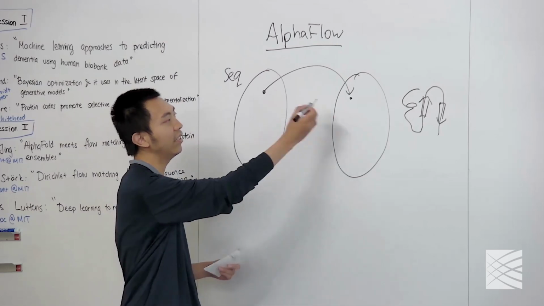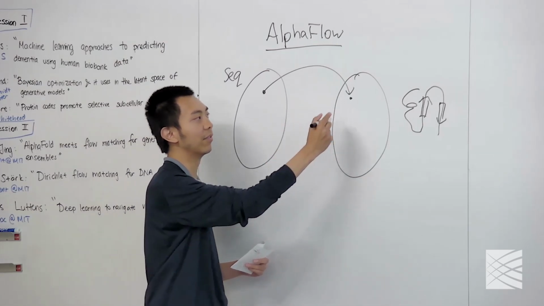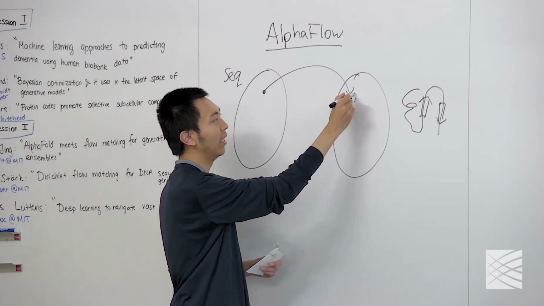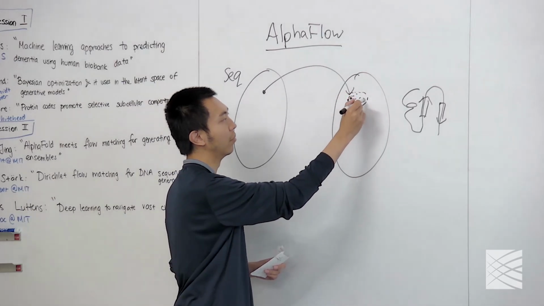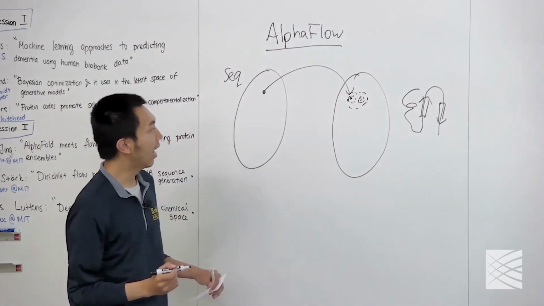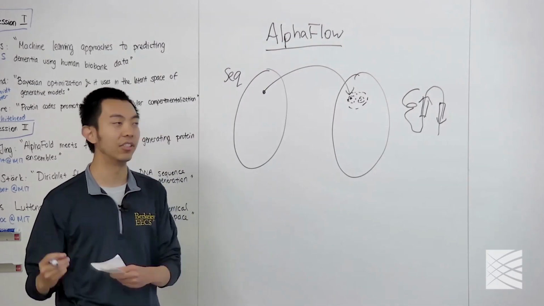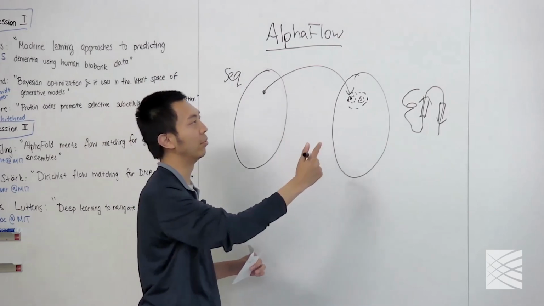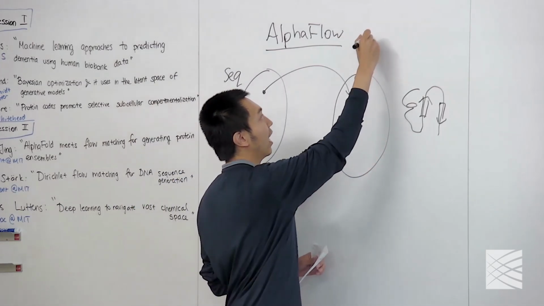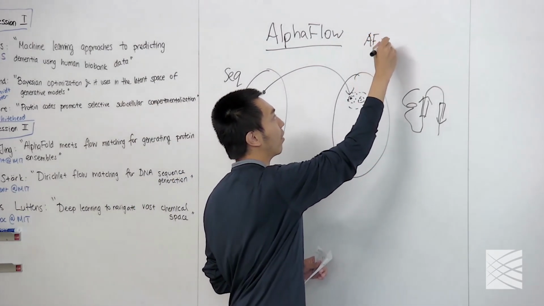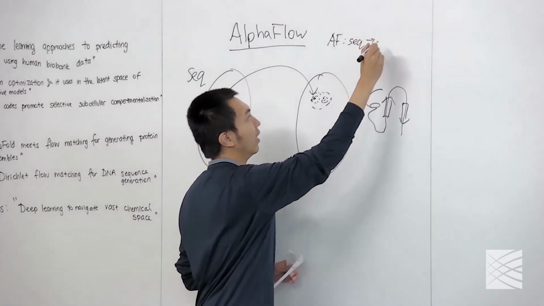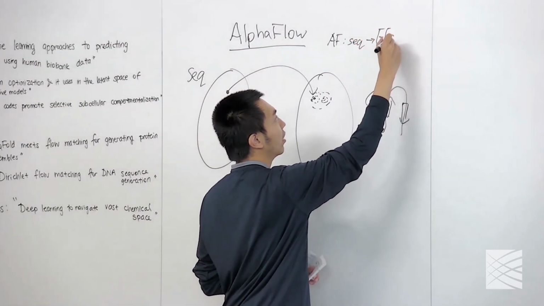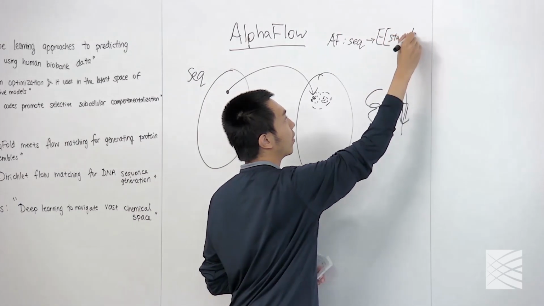So instead of a single well-defined value for this function, we actually have a distribution of structures, possibly with multiple modes. And AlphaFold has done an excellent job of learning a representative structure among this distribution. So you might think of AlphaFold as learning something like a mapping from the sequence to the expectation of the structure conditioned on this sequence.